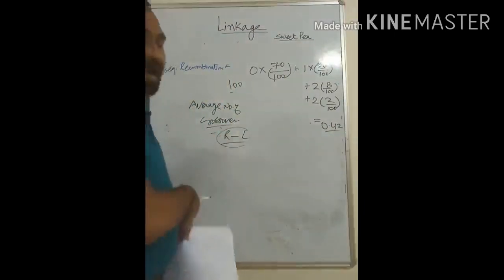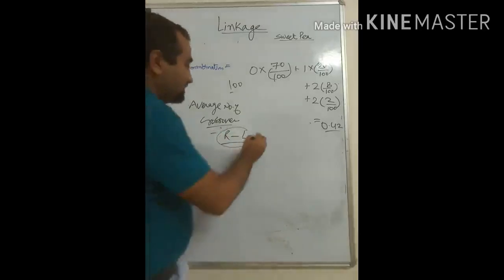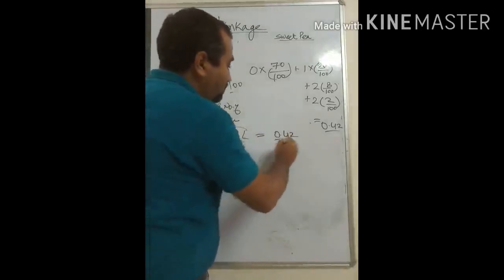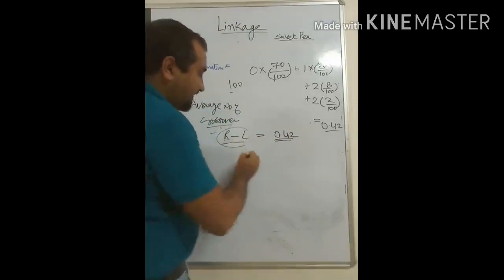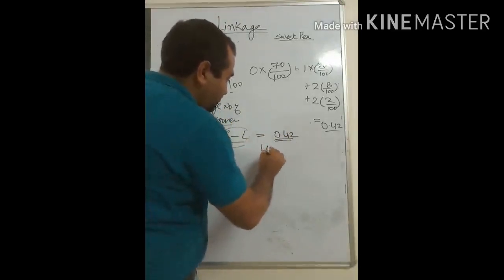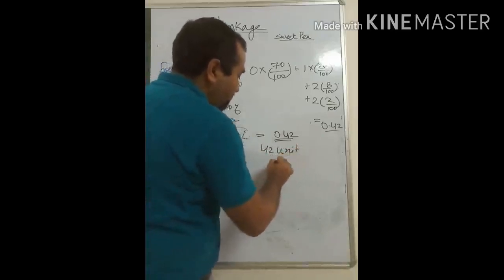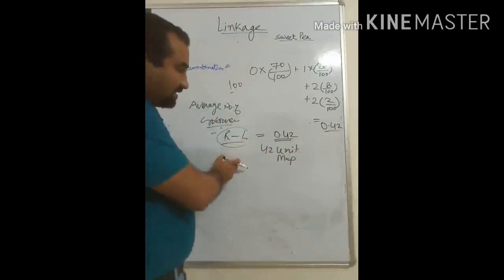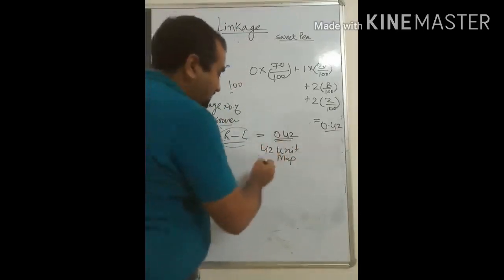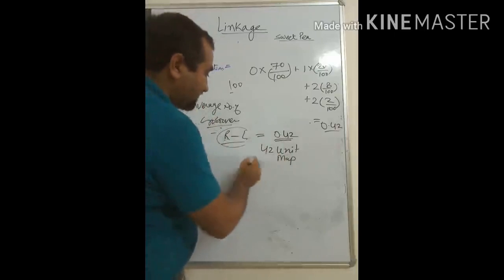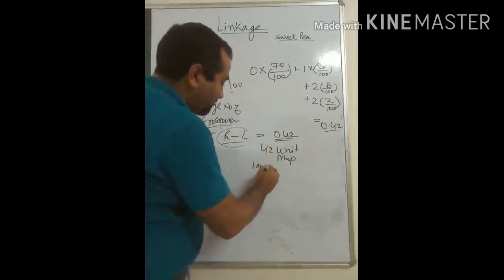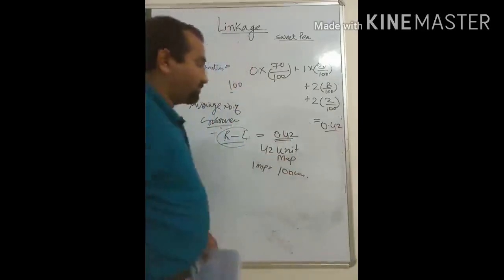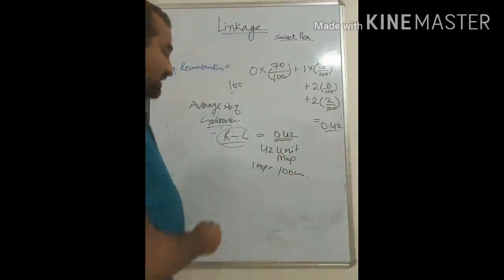So it indicates that the average map distance, or the average distance between R and L genes, is 0.42, or these genes are 42 map units away from each other. One map unit is 100 centimorgan.